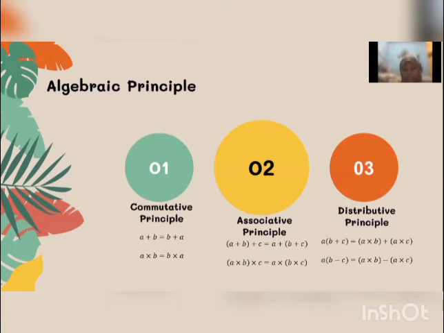The first, a times open bracket b plus c close bracket equals open bracket a times b close bracket plus open bracket a times c close bracket. The second, a times open bracket b minus c close bracket equals open bracket a times b close bracket minus open bracket a times c close bracket.